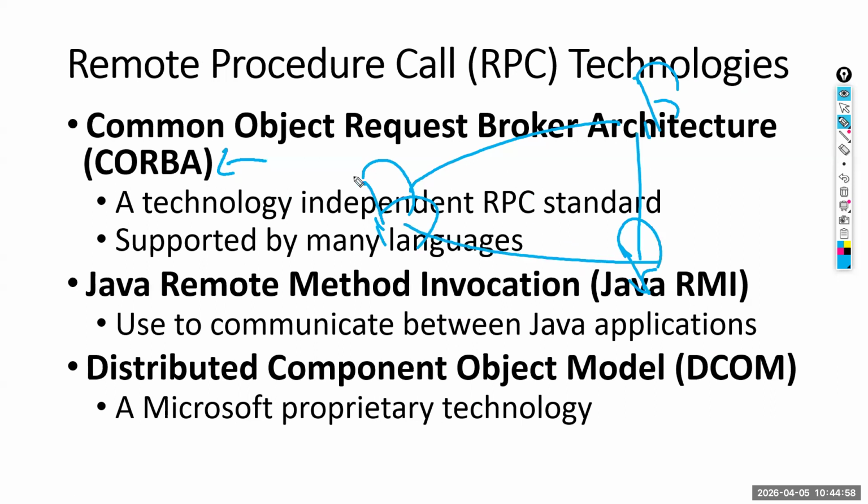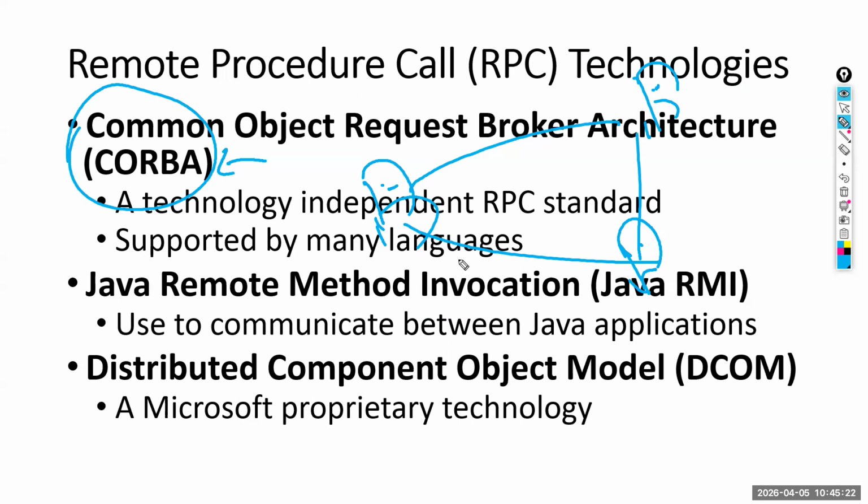So CORBA was a very general architecture. They wanted to make sure that it's technology neutral. That is why it is common, technology neutral. So your program can be C, this program can be Java or something else. But it was a very complicated architecture. It was not much used at that time either.